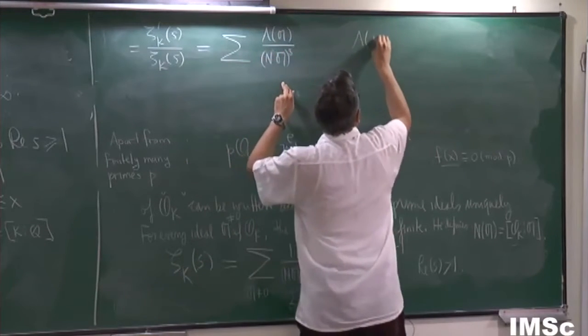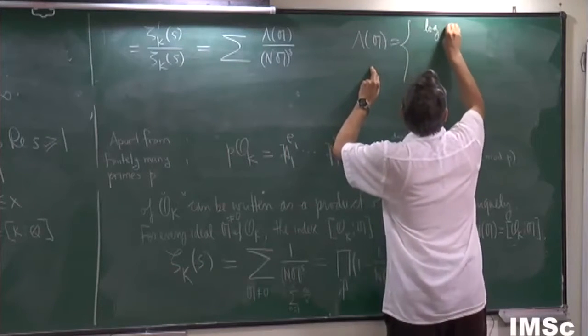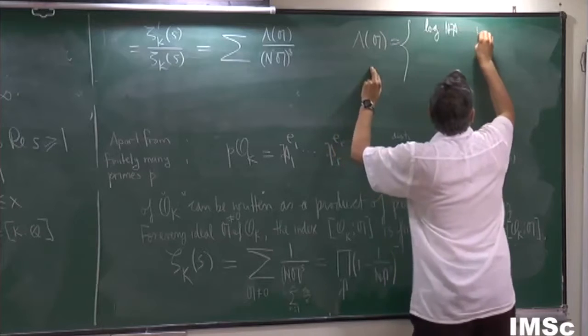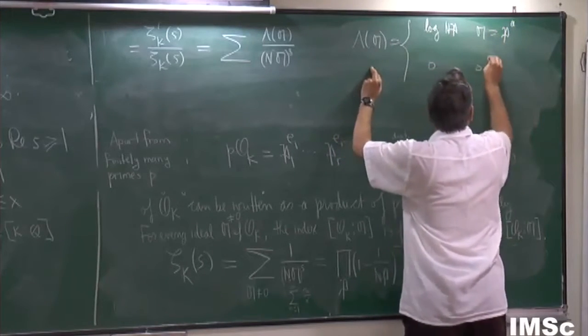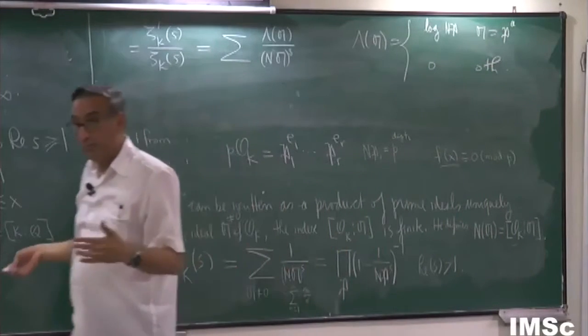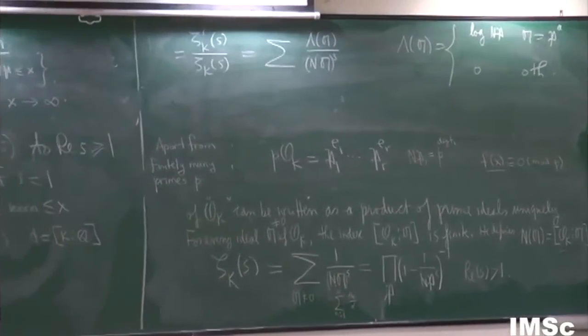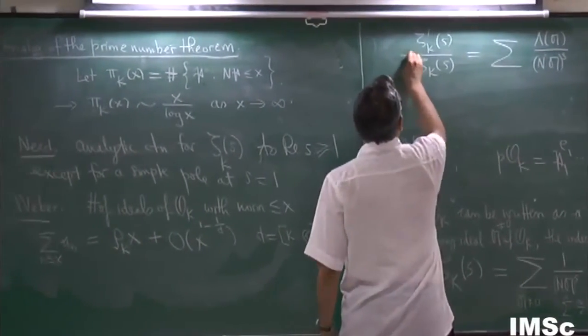The von Mangoldt function is going to be equal to log of norm p if a is a power of a prime ideal and 0 otherwise. Usual extension of the von Mangoldt function, okay? Oops, there's a minus sign here.